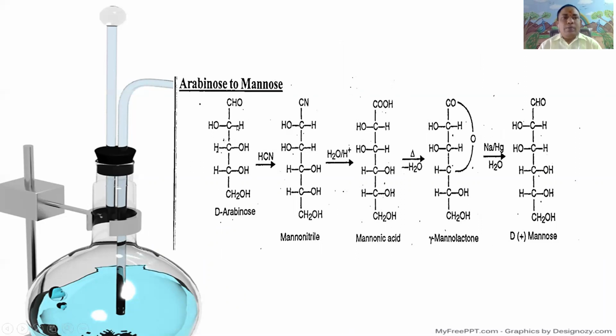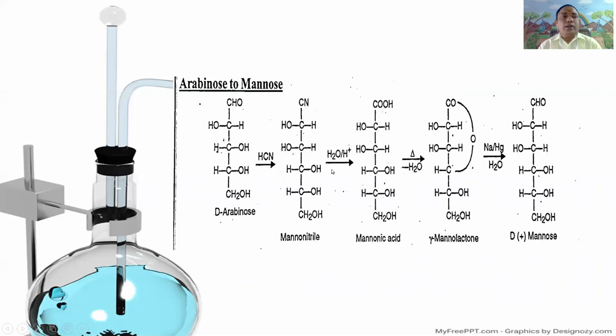Again, arabinose is a five-carbon aldopentose, CHO, CHOH, CHOH, CHOH, CH2OH. Upon treatment with hydrogen cyanide, first it gives the diastereomeric cyanohydrin, mannonitrile, CN, CHOH, CHOH, CHOH, CHOH, CH2OH.